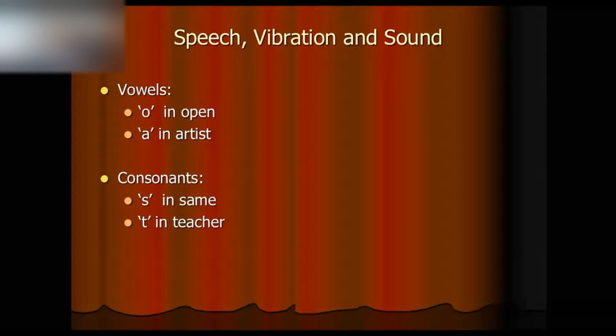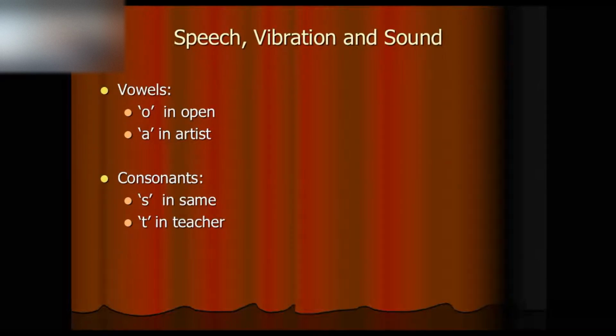There are two major different syllables. One is vowel, the other consonant. For example, O as in open, R as in artist. These are vowels. For the other kind, consonants.